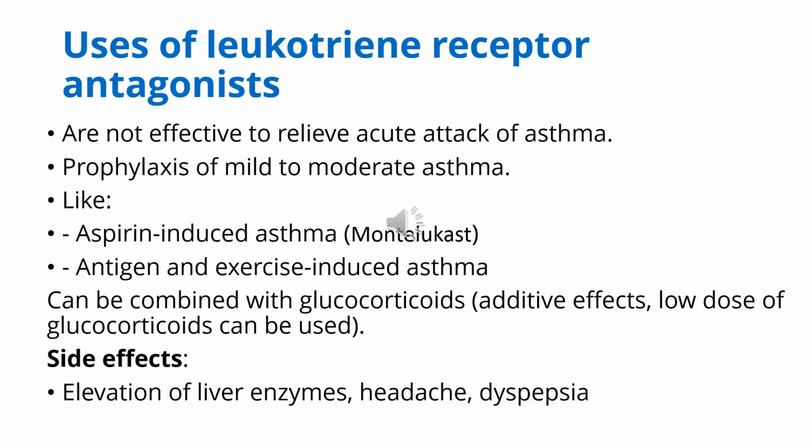Uses of leukotriene receptor antagonists: they are not effective to relieve an acute attack of asthma. They are used for prophylaxis of mild to moderate asthma, like aspirin-induced asthma, antigen and exercise-induced asthma. Can be combined with glucocorticoids. Additive effects. Low dose of glucocorticoids can be used. Side effects: elevation of liver enzymes, headache, dyspepsia.